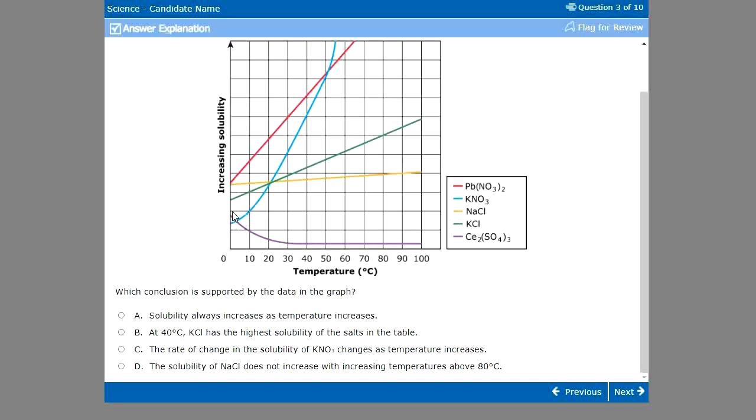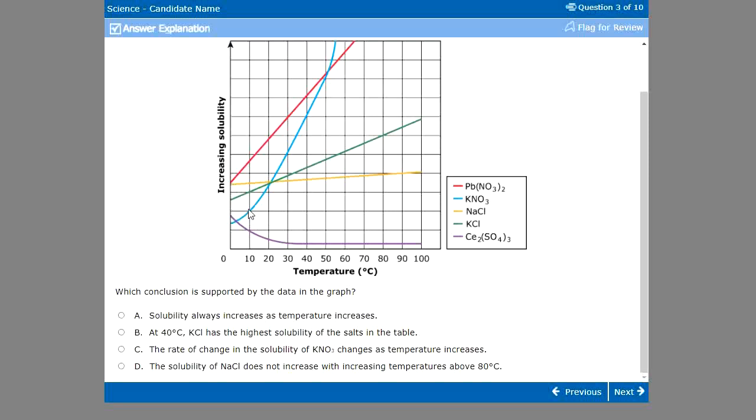Now, if we increase this temperature by the same amount, from 10 to 20. In both cases, we have an increase of 10 degrees Celsius. From 0 to 10, the solubility changes by 0.7 in terms of our blocks here. From 10 to 20, what happens?